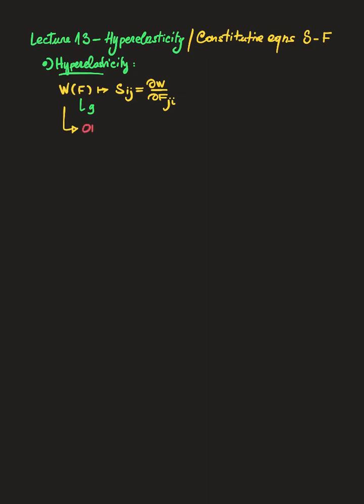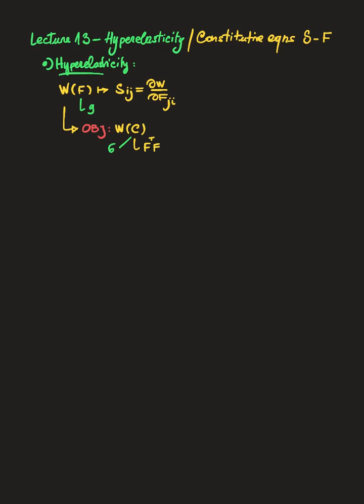Objectivity represents the fact that if you superpose rotations, which means you put them after, they should not affect the energy. So this led us to the simplification that the energy will only depend on C. Now what is C? C is the tensor F transpose F, and this tensor has not 9 but 6 components. So C has 6 functions.